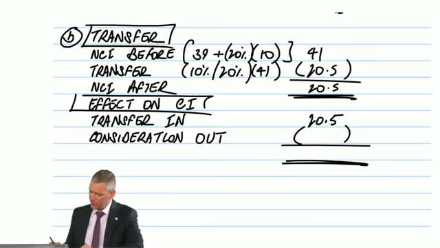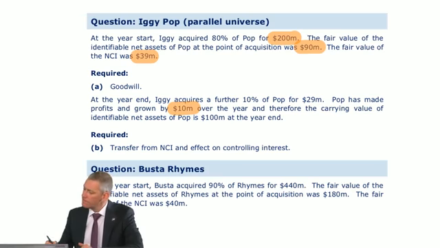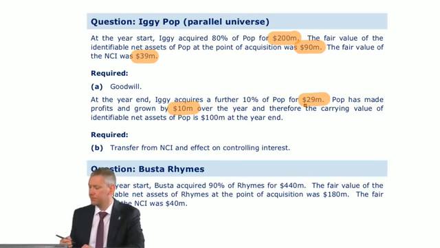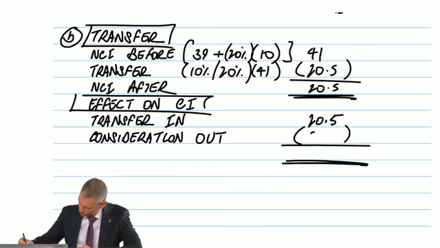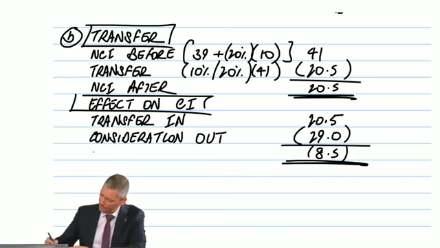And I can't remember the number. There we go, 29. So 8.5. Watch out for the sausage there, that's important, that's part of the marks.